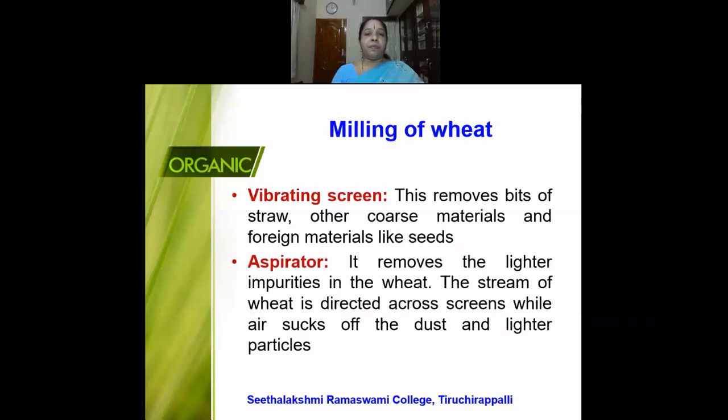So we drop the wheat steadily through an input. There is a fan inside the aspirator, which is responsible for generating air flow. When air passes through the wheat, what happens? The lighter particles will fly up, and they are sucked off from the wheat.